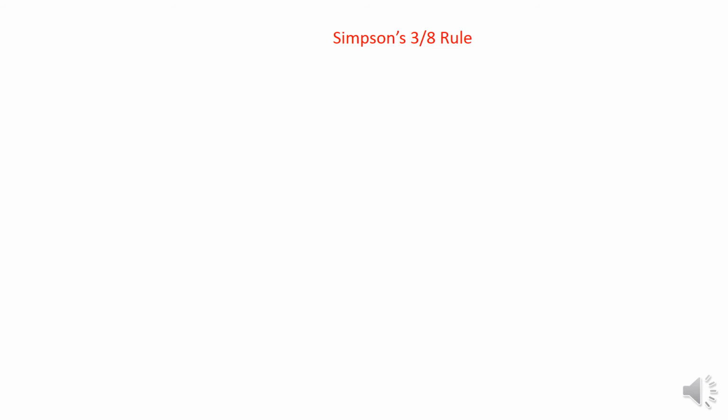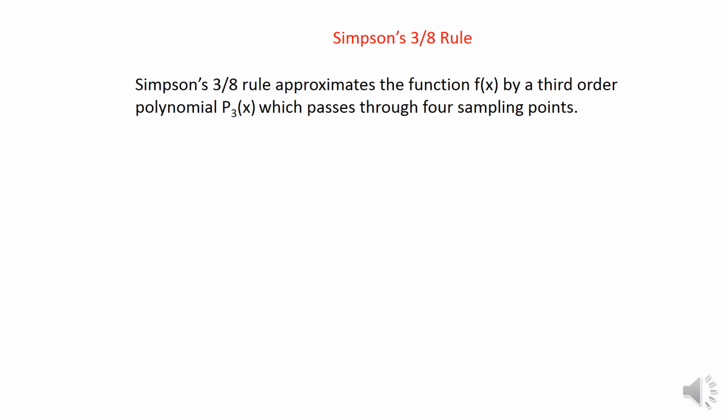Now Simpson's 3 by 8 rule. Simpson's 3 by 8 rule approximates the function f(x) by a third order polynomial p3(x), which passes through 4 sampling points. So 4 sampling points will be x0, x1, x2, x3.